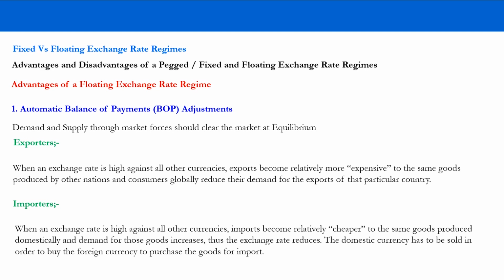And the domestic currency has to be sold in order to buy the foreign currency to purchase the goods for import. So when you have a high currency value, the same goods that you produce domestically at home become cheaper abroad. So the exchange rate, through exports and imports and through the market mechanism, is supposed to self-adjust.